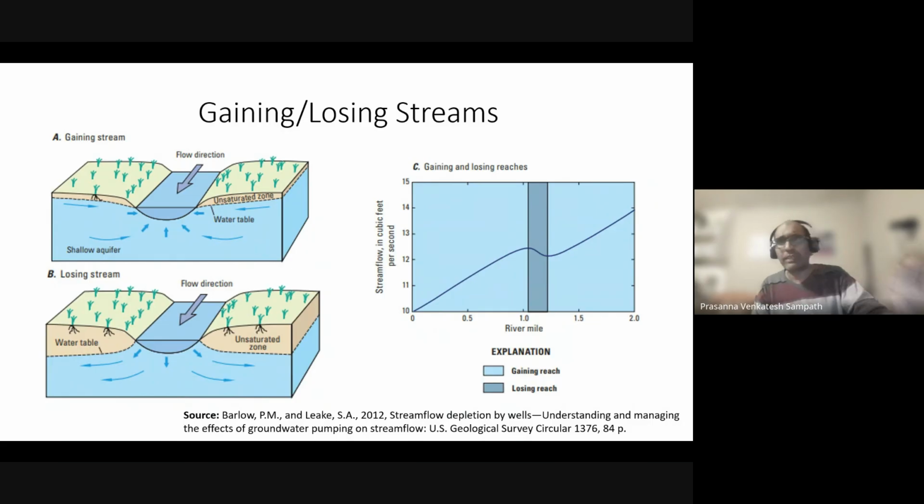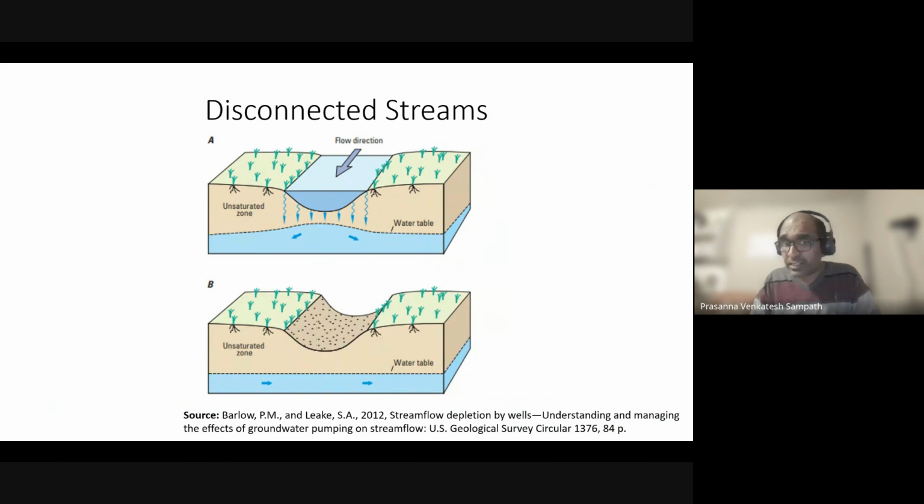They give some nice cartoons or conceptual diagrams which explain all of these different concepts: the gaining stream versus the losing stream. There are also what are called disconnected streams, right? And then dried up streams and so on and so forth. So I strongly recommend this particular report. The source is given at the bottom. Please take a look at that report.